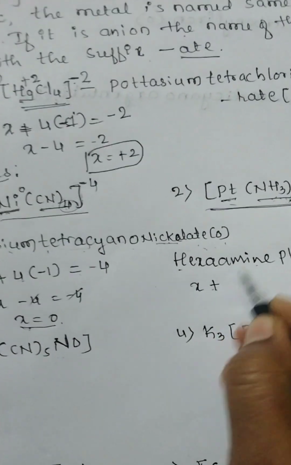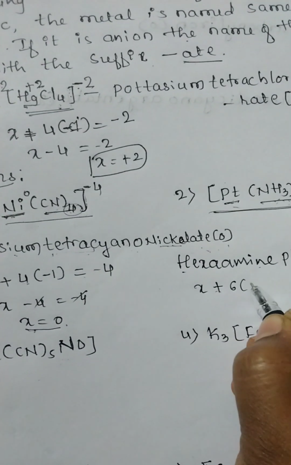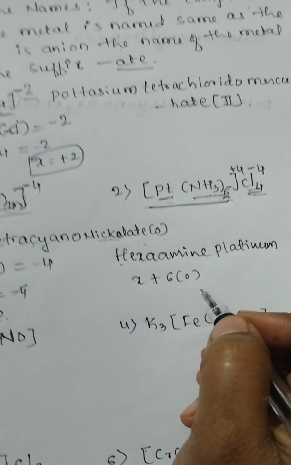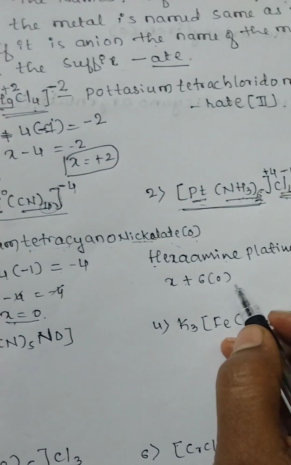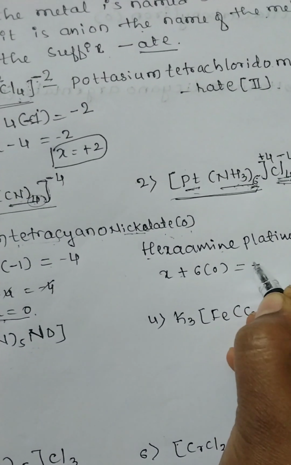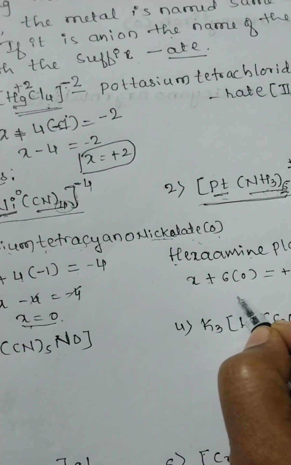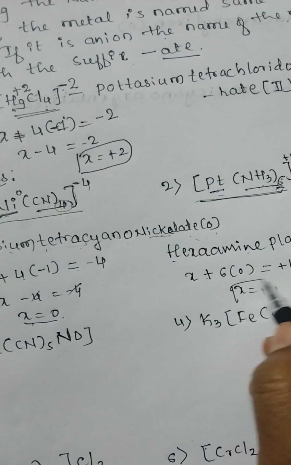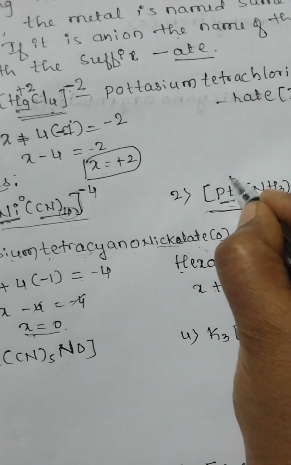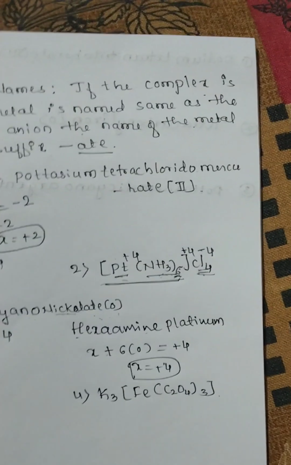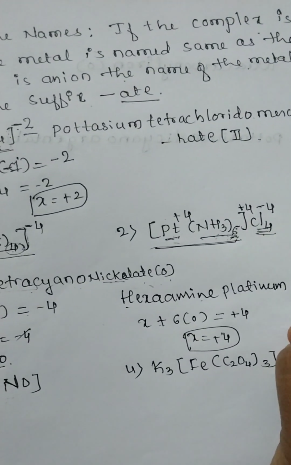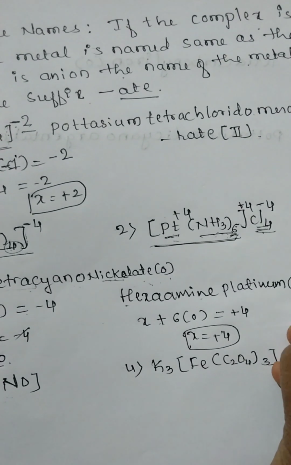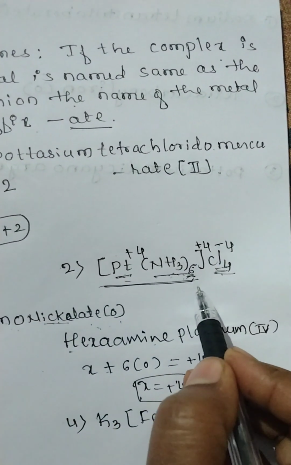X plus 6 into 0, because ammonia is a neutral ligand, is equal to +4. Now X equals +4. So the oxidation state of the central metal is +4. Now this part is complete.